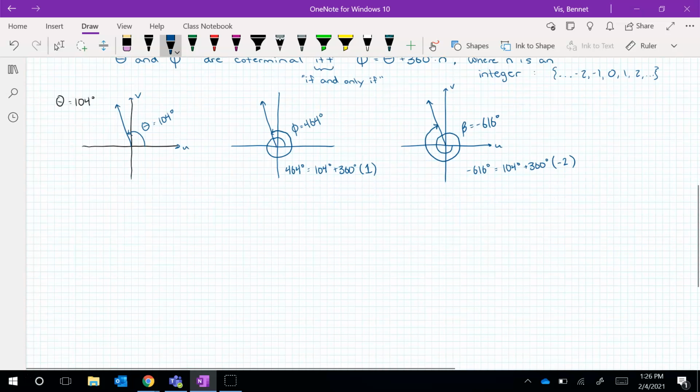All coterminal to each other. So that's the terminology that we use: these angles theta, phi, and beta are all coterminal to each other.